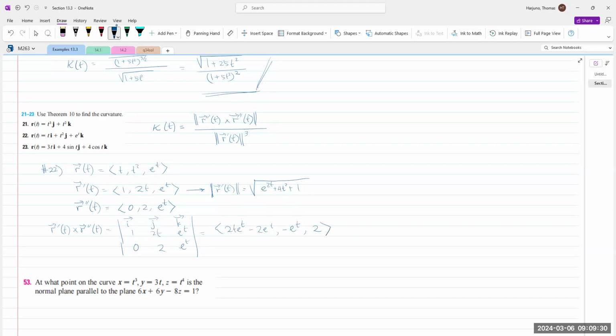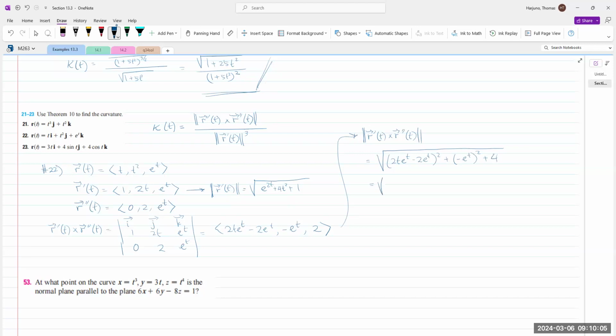Whose magnitude equals, oh wow, this may be ugly, huh? Square root of 2t e to the t minus 2e to the t, squared, plus negative e to the t, squared, plus 4.